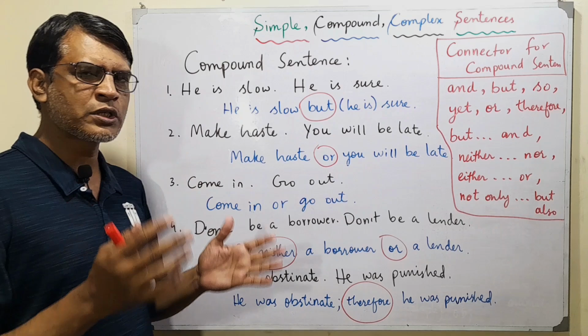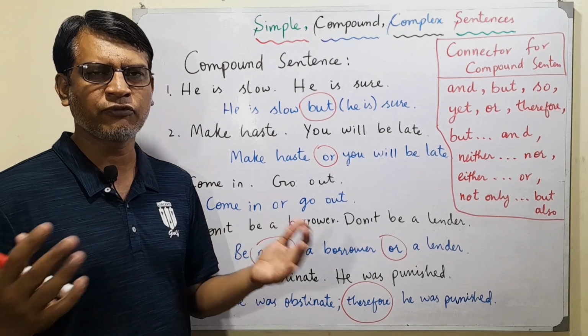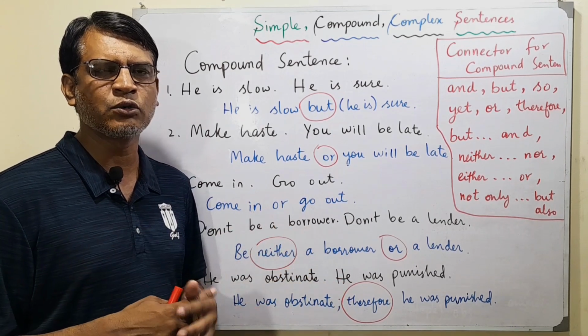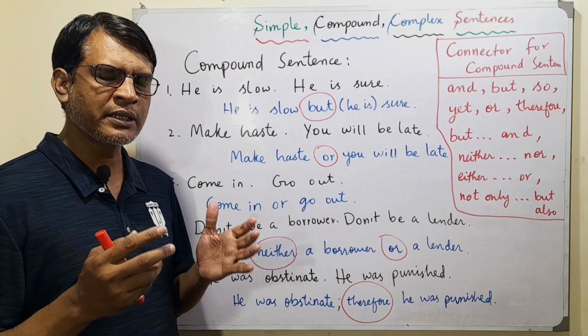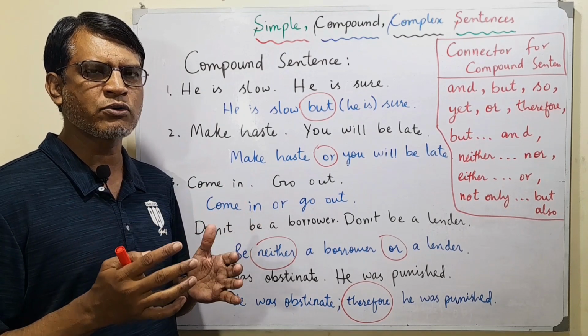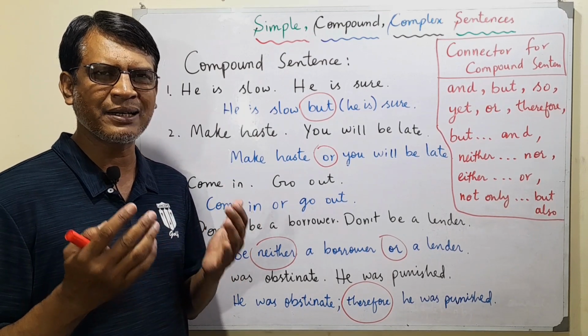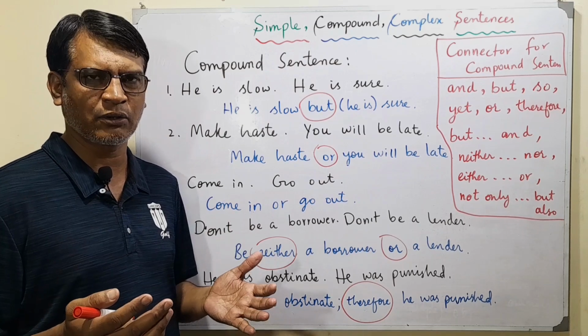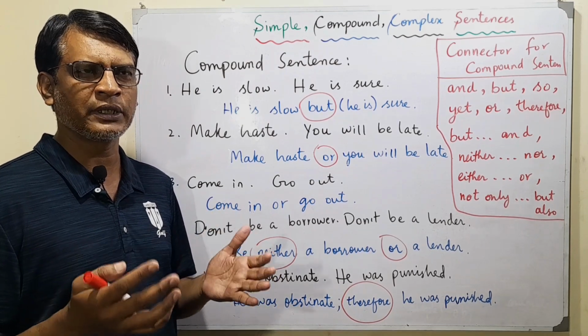Remember, two, three, or four simple sentences can be converted into a compound sentence. But each part of a compound sentence will be an independent clause, a separate clause with its own meaning.